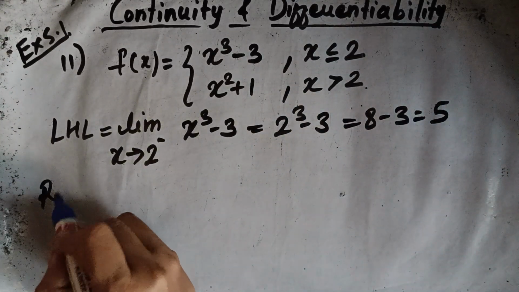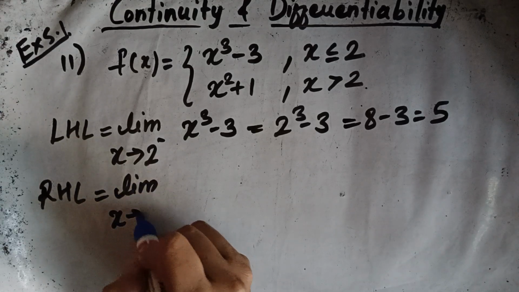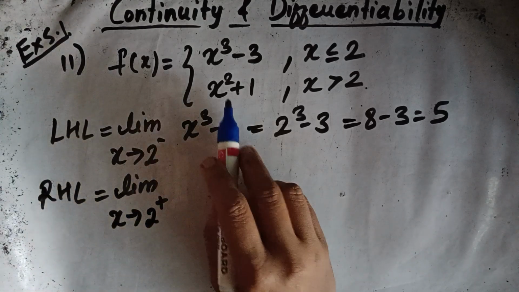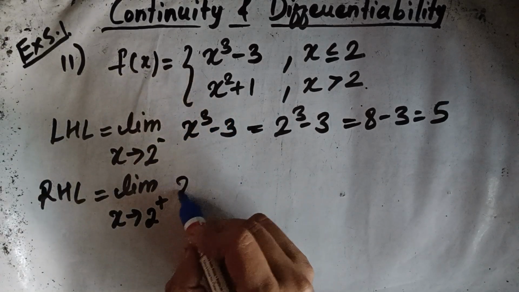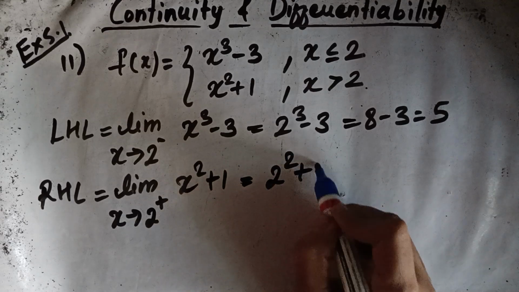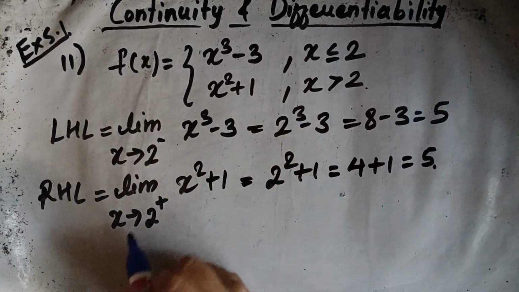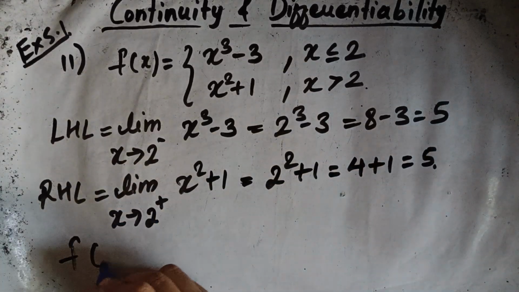For the right hand limit, as x tends to 2 plus, we have to take x square plus 1. So 2 square plus 1, which is 4 plus 1, 5. Now you have to check for f of 2.